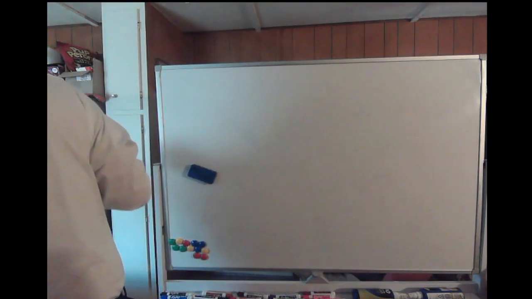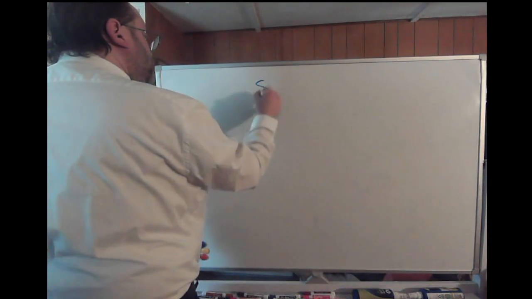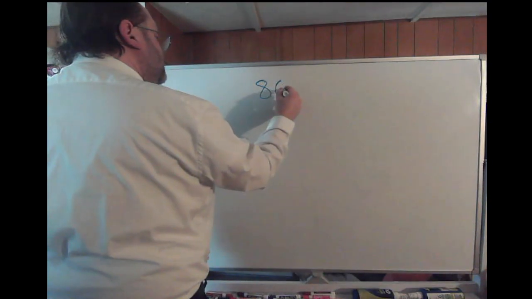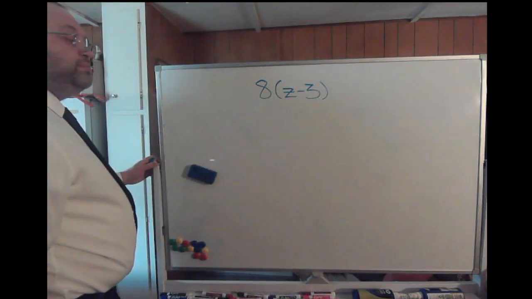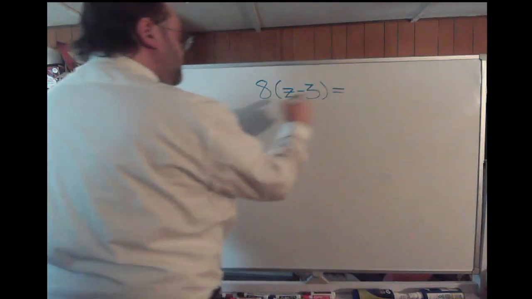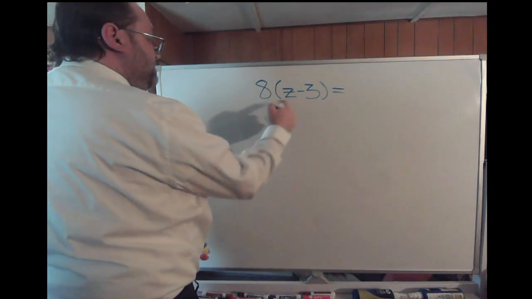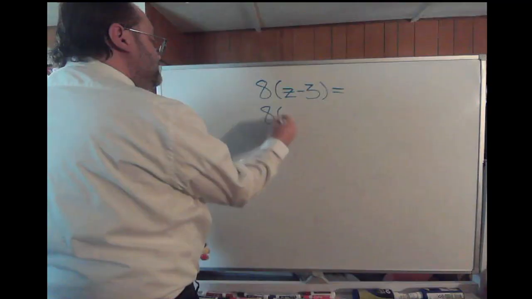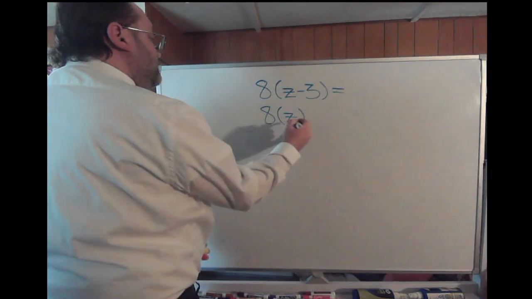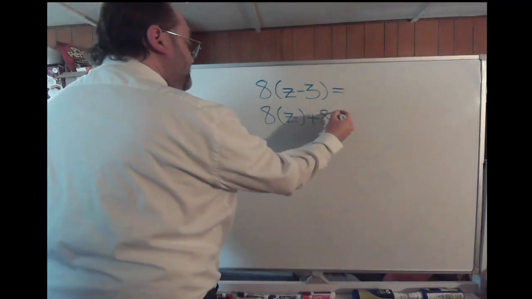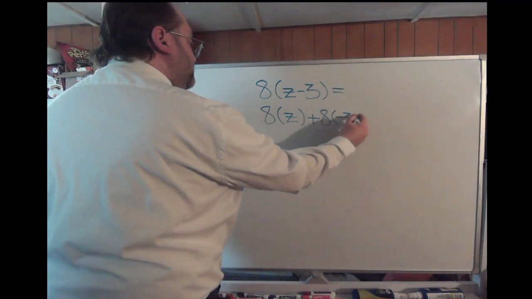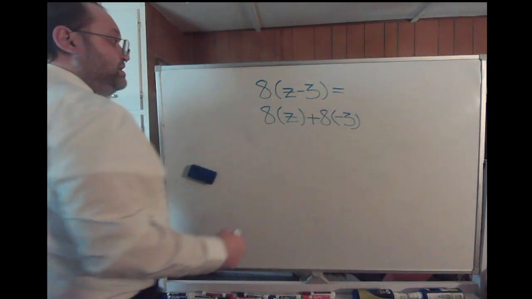Okay, let's see if we can find another example like it. Alright, we have 8 times z minus 3. Well, of course you distribute that 8 by multiplying it by z, so you'll do 8 times z plus 8 times -3, because you have plus -3 here.